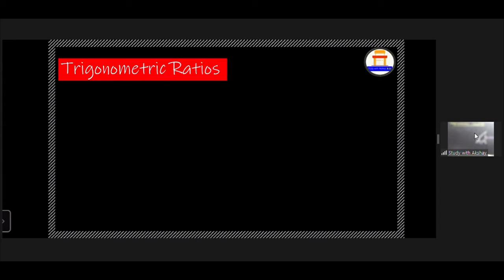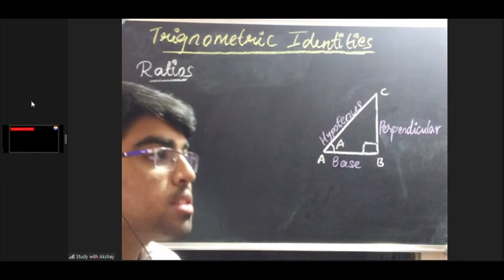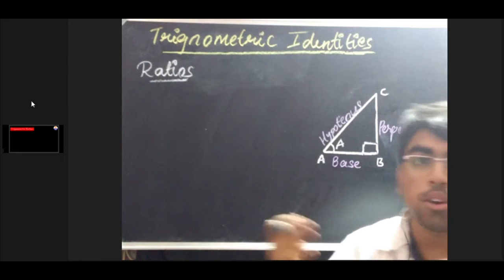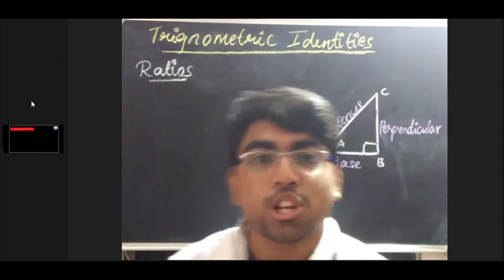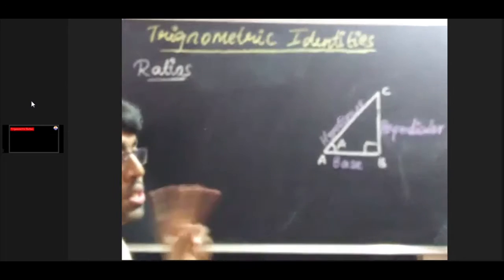So first are trigonometric ratios. What are these ratios? If it is in the form of P upon Q, then it is called a ratio or a rational number. Let's start with the first two ratios.